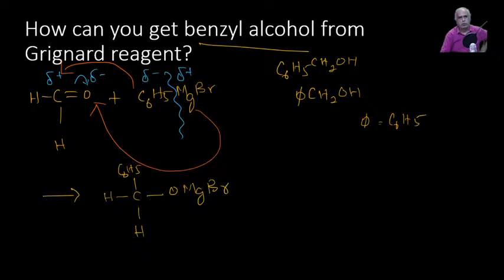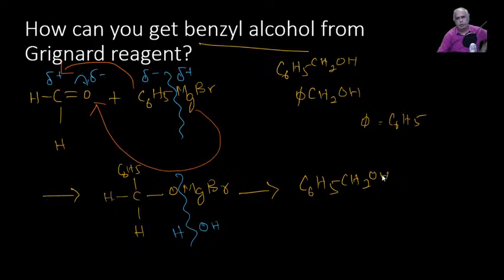Now this undergoes hydrolysis so that you are able to get C6H5CH2OH, plus MgBrOH. Got it?